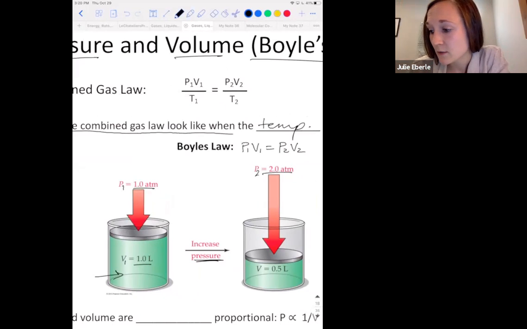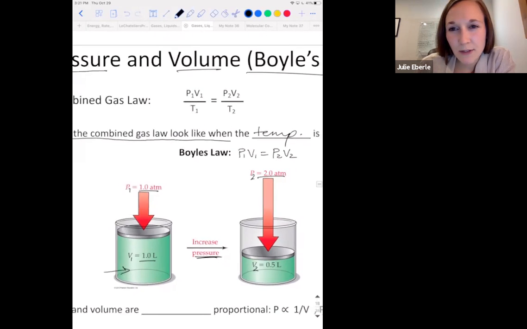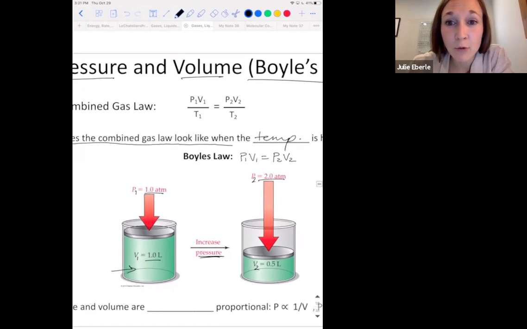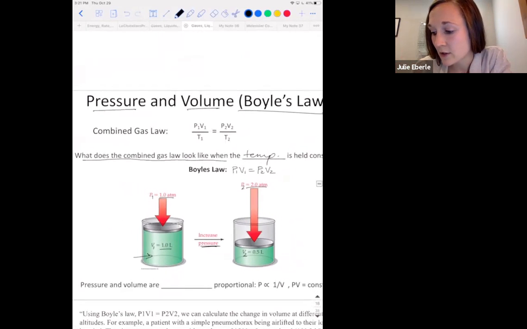This is P2, this is V2. If we increase pressure to 2 atm, what did we do to volume? Volume decreased by half. Okay, so if we doubled pressure, we decreased volume by half. So how are these 2 related? If we doubled 1 and cut the other in half, they're inversely related. Okay, they are inversely proportional.